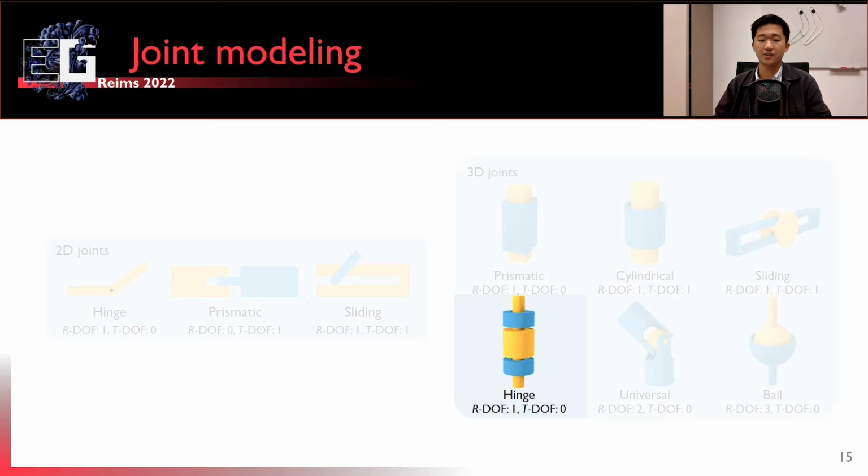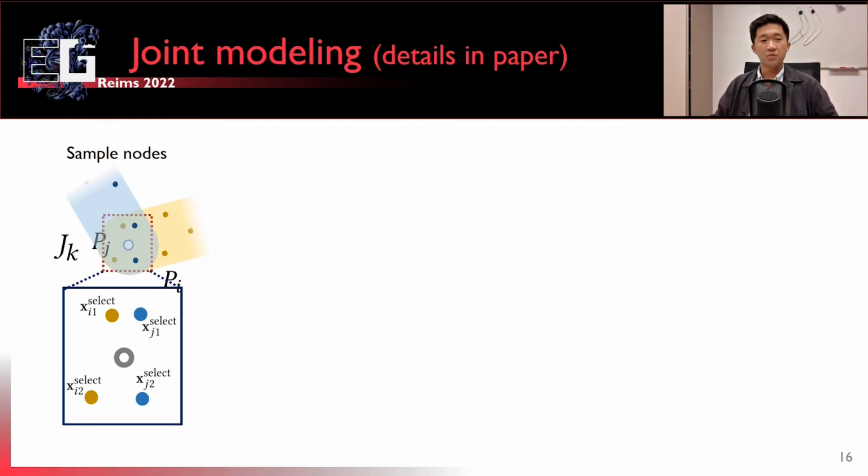Let's take a look at this hinge joint, for example. Rather than think of how the hinge allows the relative rotation with respect to the rotational axis, we think of how the hinge eliminates the relative translation between these two parts and the two other relative rotations between these two parts.